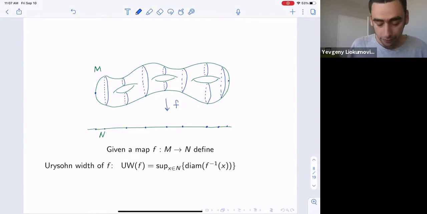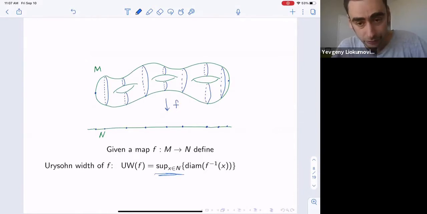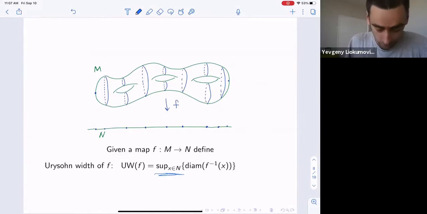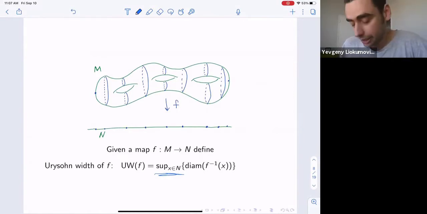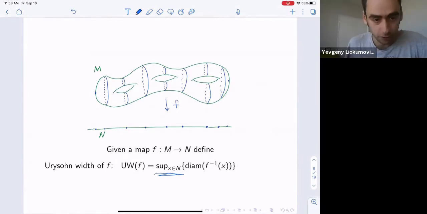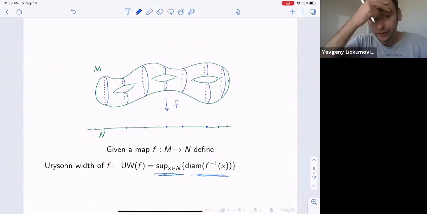If you have a map F from one metric space to another, then you can consider the supremum of the diameter of the fibers of this map. So you just look at the diameter of the largest fiber. In this picture, I drew two nice manifolds, and the fibers are nice submanifolds, but it doesn't have to be so. These preimages can have any dimension, that can be any sort of space, any sort of set. We're just measuring their diameters.